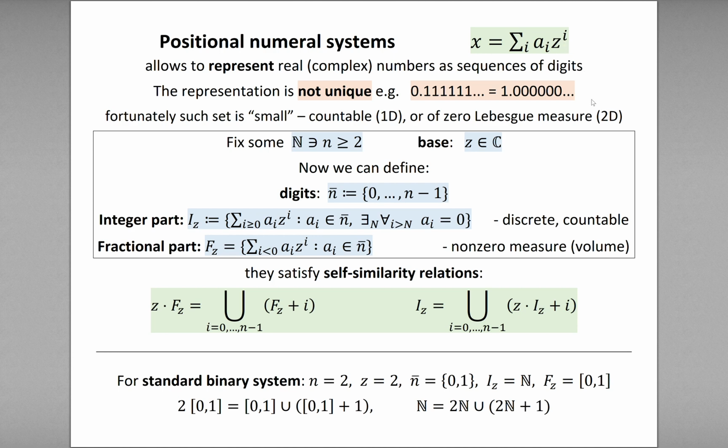However, uniqueness is not easy to achieve, because even in one dimension we have examples such as all zeros and then all ones in the binary system being the same as 1 and then all zeros. So you can have a number of these kinds of examples with finite representation. In 2 dimensions, it's even worse. We don't have just a countable number, but rather a set of non-zero Lebesgue measure.